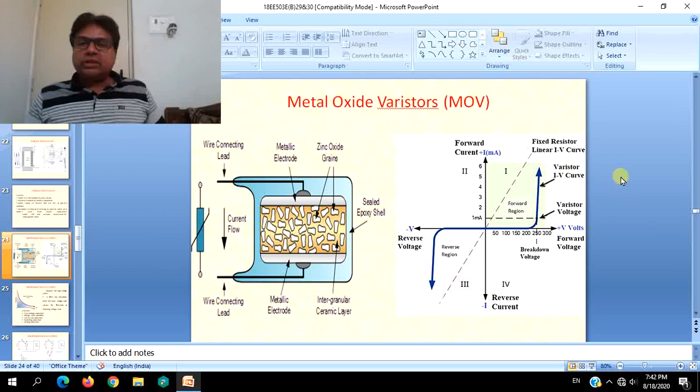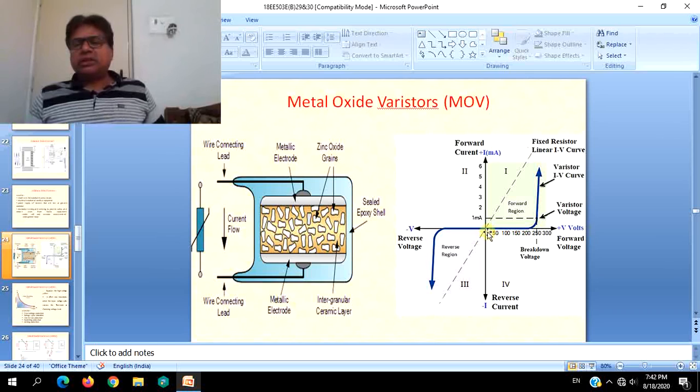Just go through this IV characteristic of the metal oxide varistor, where voltage is taken on the forward and reverse sides as usual on the x-axis and current on the y-axis. Looking at this blue curve, which belongs to the characteristic of this MOV, as the forward voltage is increasing, nothing is happening, not even a leakage current is flowing through this varistor.